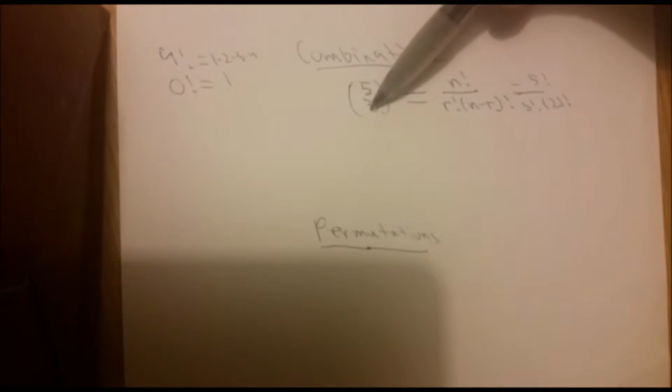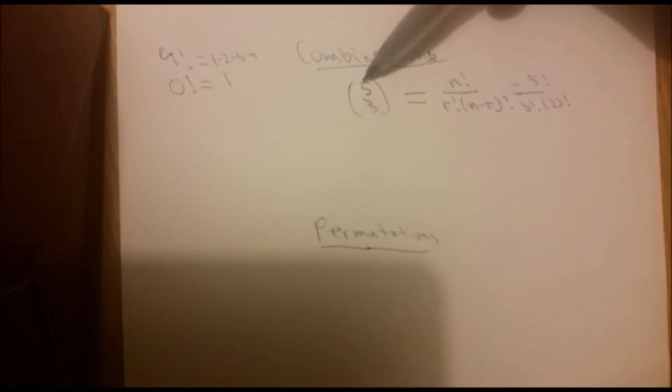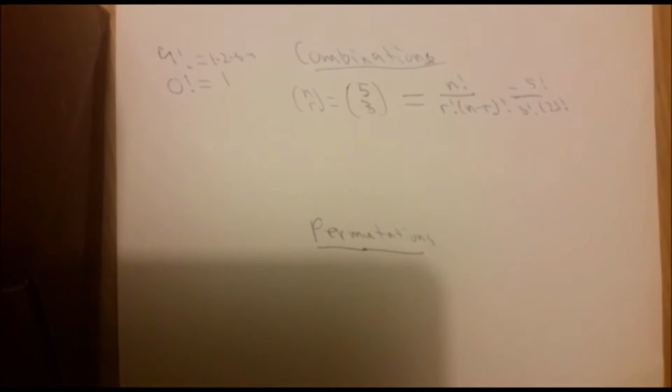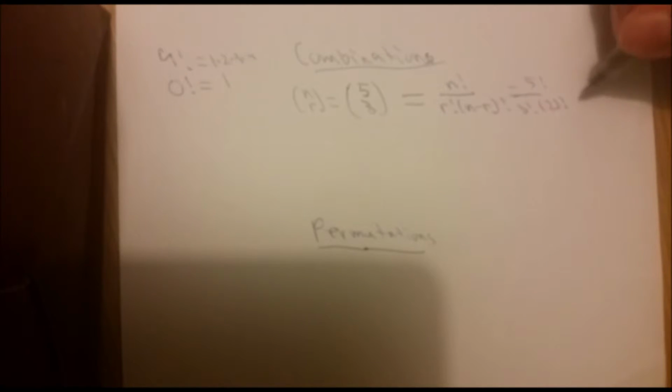And because this bottom number is r, this top number is n. So just remember that. And r. Boom. And 5 factorial over 3 factorial times 2 factorial is the same as 4 times 5 over 2.